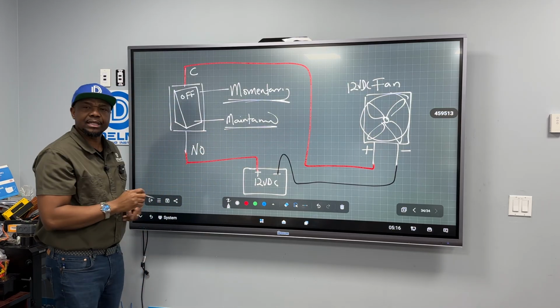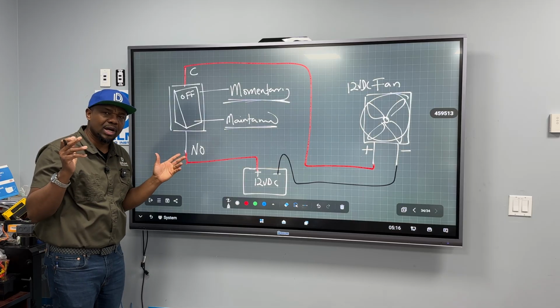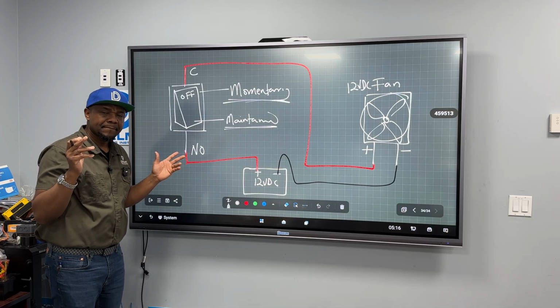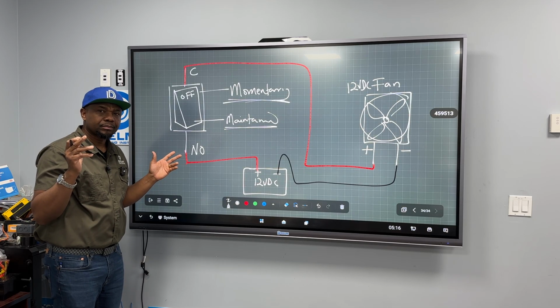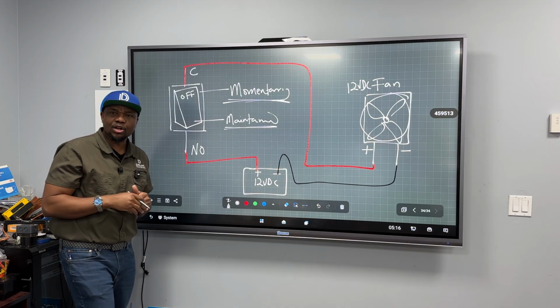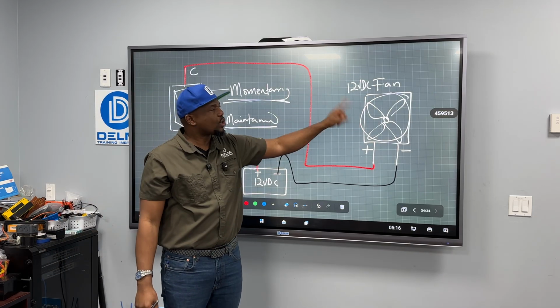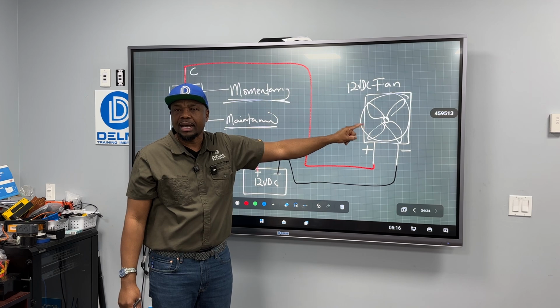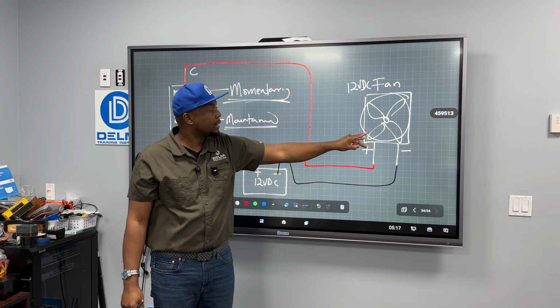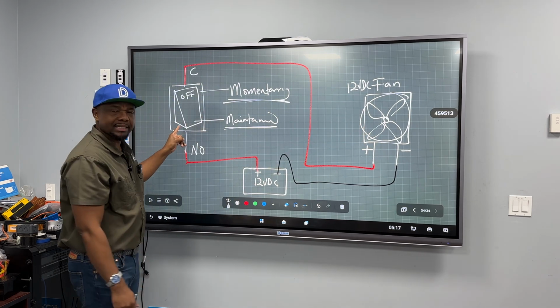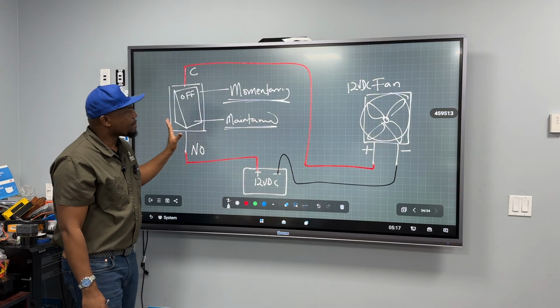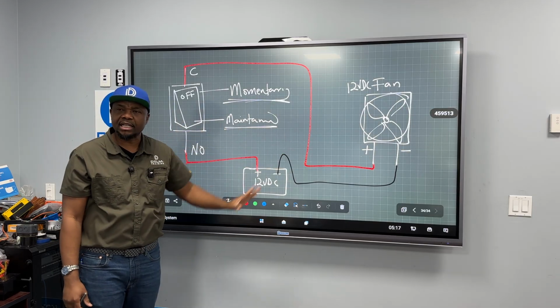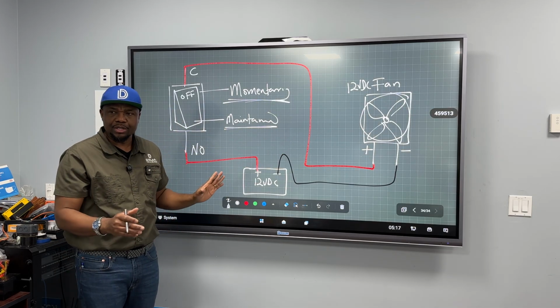When I press the button, what do you guys think is going to happen? Maintained, constant. So this fan is going to continuously spin until I toggle this. All right? But this is just a very basic form. That's how you connect it.